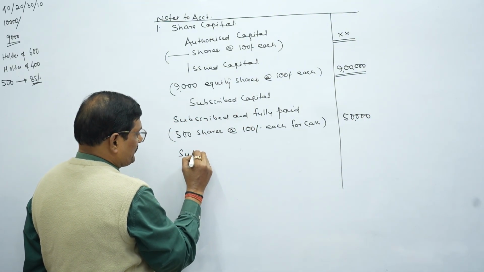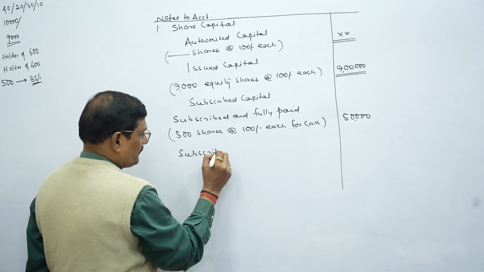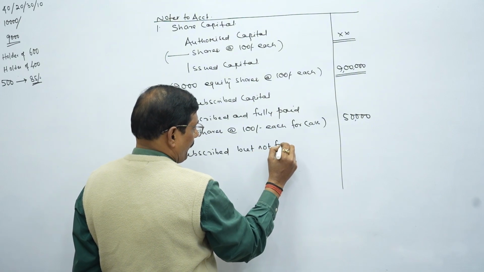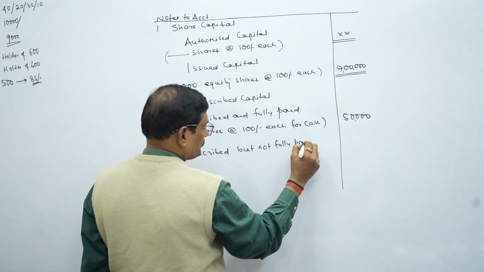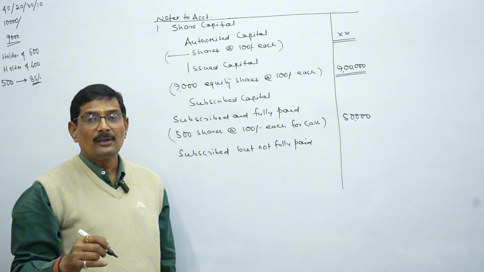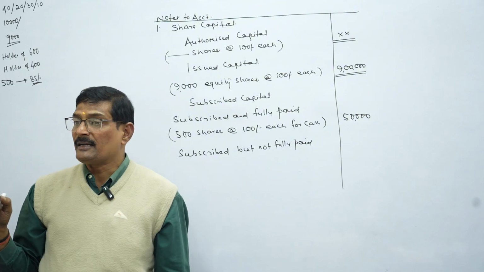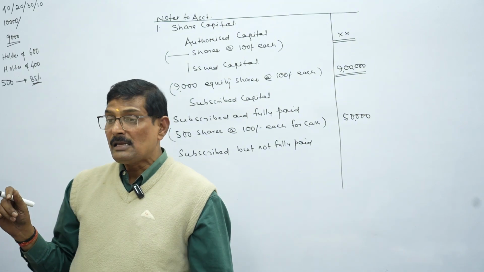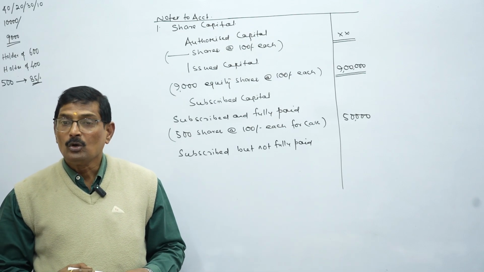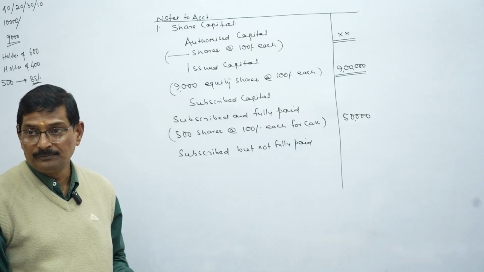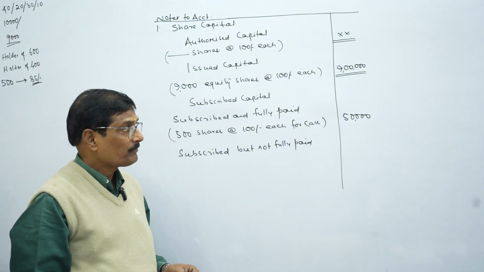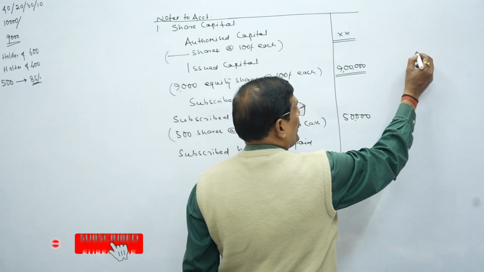Another one is subscribed but not fully paid. How many shares are there? We have forfeited 600 shares. Out of the forfeited 600 shares, 500 shares are reissued. Total number of shares is 9,000. Out of 9,000, 600 shares were forfeited.